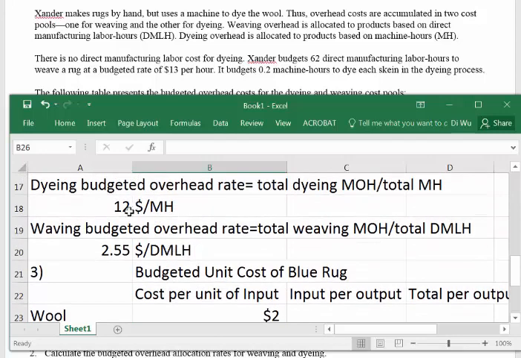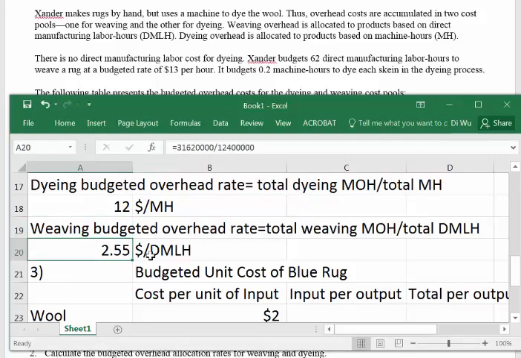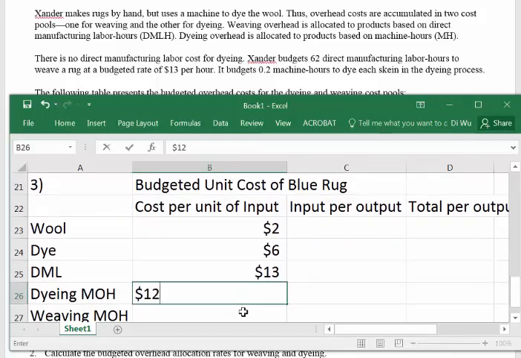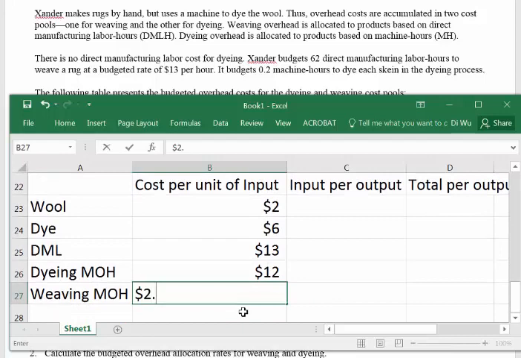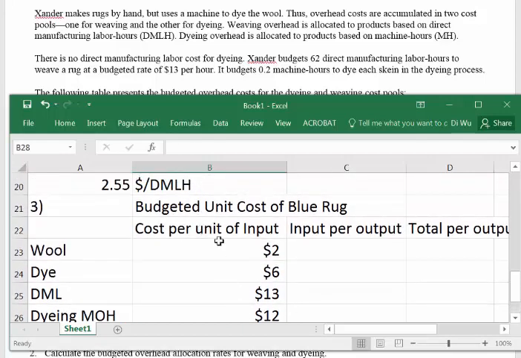So for dyeing, we're looking at $12 for. Sorry, I think it's not. It's weaving. So it's $2.55. So we have $12 here, and we have $2.55. So make sure that you're able to find the cost per unit of input.